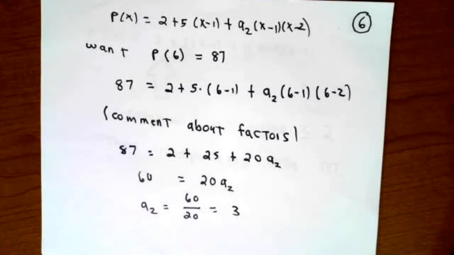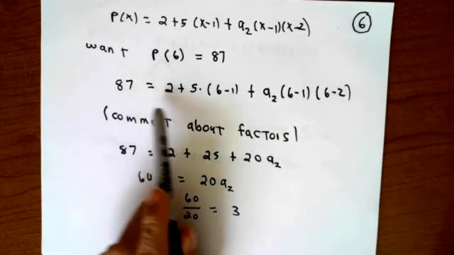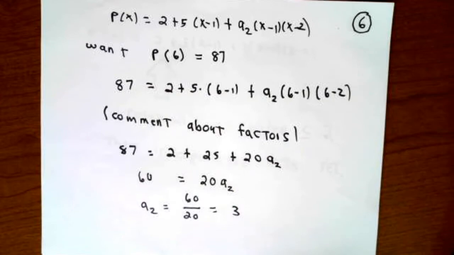Lastly, when x is equal to 6, the function value is supposed to be 87. Inserting that fact into the polynomial, I found out that this must be true. Now, none of these factors that we had literally had x minus x2 in them.